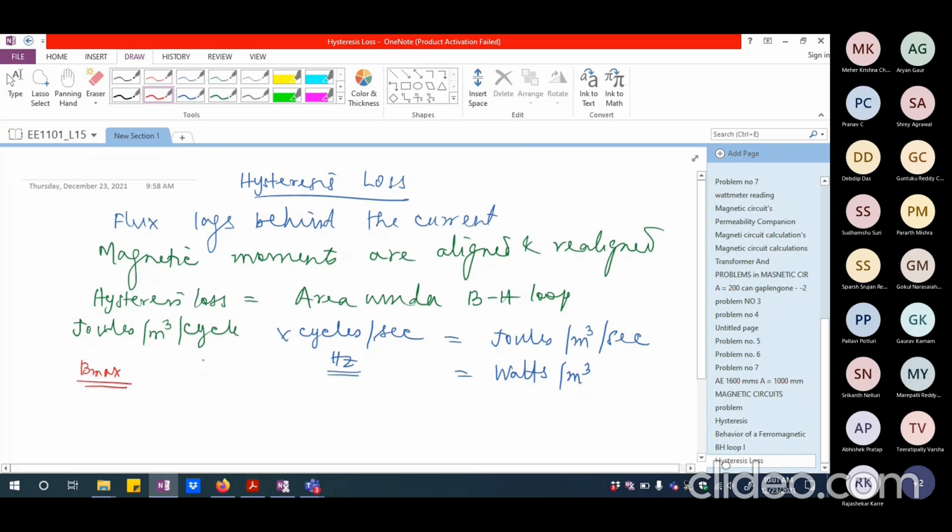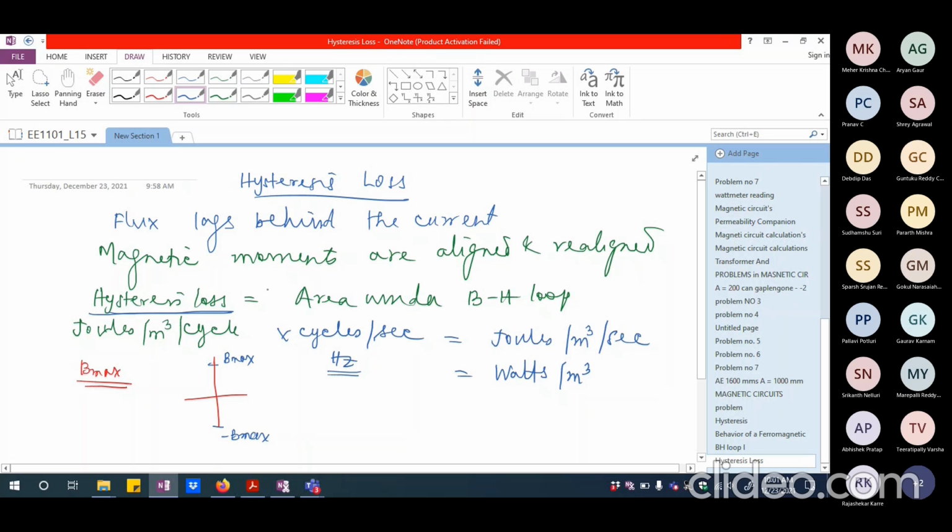If my machine works at a larger value of B max, I'm going to definitely have a larger ordinate in terms of B. This is B max and this is going to be minus B max. So I'm going to have a larger area under the hysteresis loop. So if I'm going to work at a higher and higher flux density, in all probability, I will have a higher value of hysteresis loss as well.